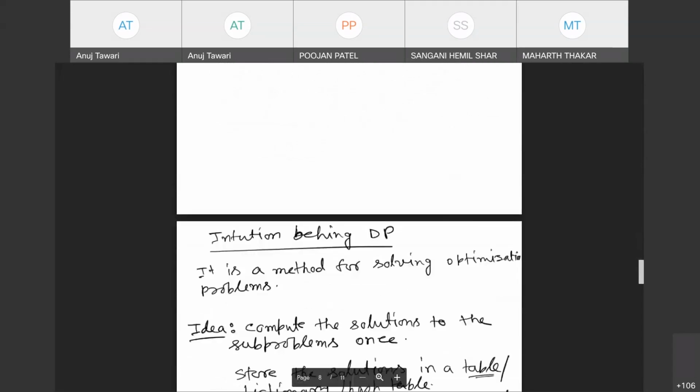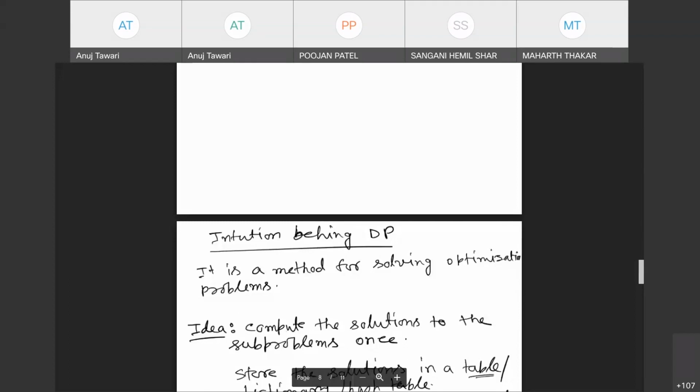So what is the intuition behind dynamic programming? It usually gives a polynomial time solution for certain seemingly exponential time algorithms.